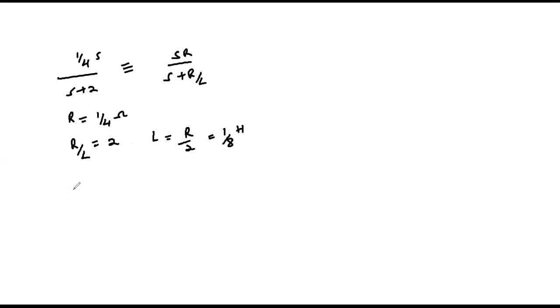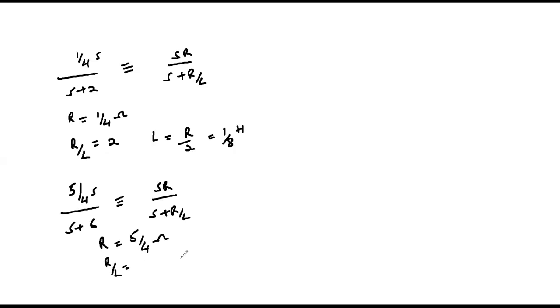Next, we compare 5 over 4 s over s plus 6 again with sR over s plus R over L, from which you notice that our R, which is the coefficient in the numerator, will be 5 over 4 ohms. And from the denominator, R over L is 6, from which our L will be 5 over 24 Henry.